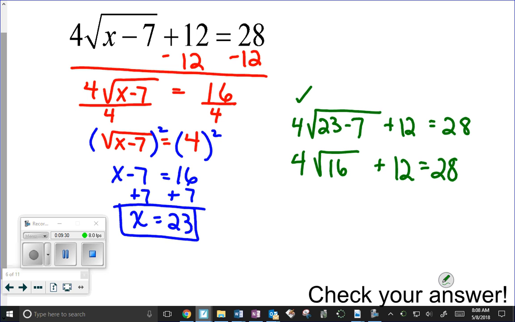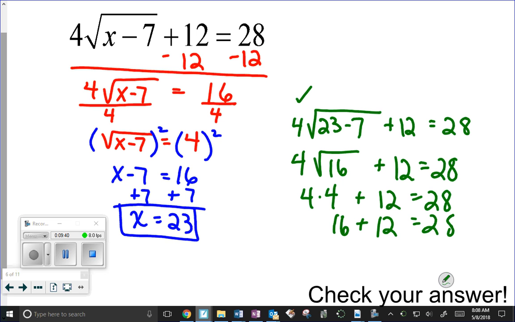And the square root of 16 is 4, so this is going to be 4 times 4, which is 16 plus 12. Ooh, I think it's going to work. It's 28. Life is good. So 23 is indeed our answer. Not too hard. It's not bad at all.